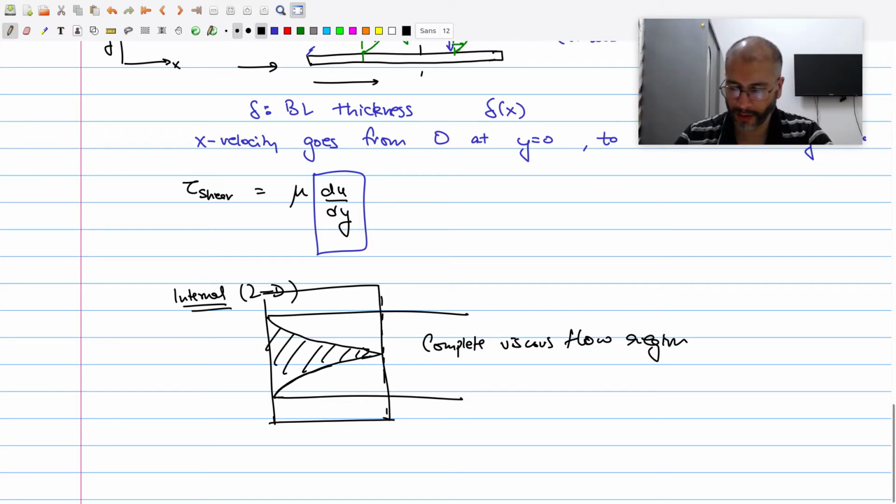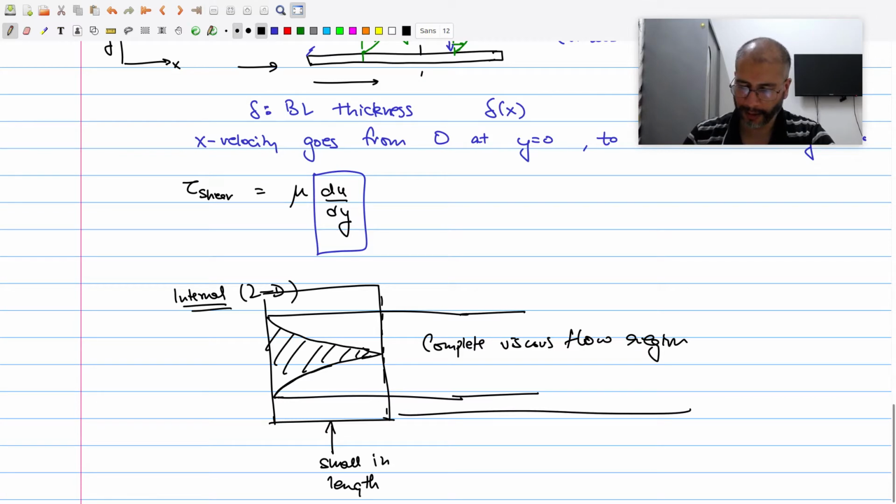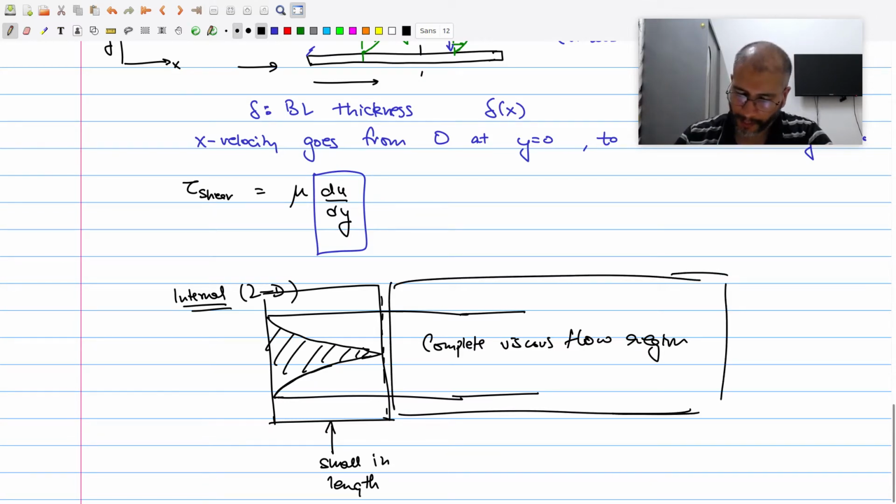Otherwise, in most of the pipe, and remember we considered that since this developing flow region is very small in length, we can in fact neglect it. So we didn't discuss much about this. We always talked about the developed flow region. But external flows will always have this split between the viscous flow region and the inviscid region, unlike internal flows. That is the reason it is discussed separately.